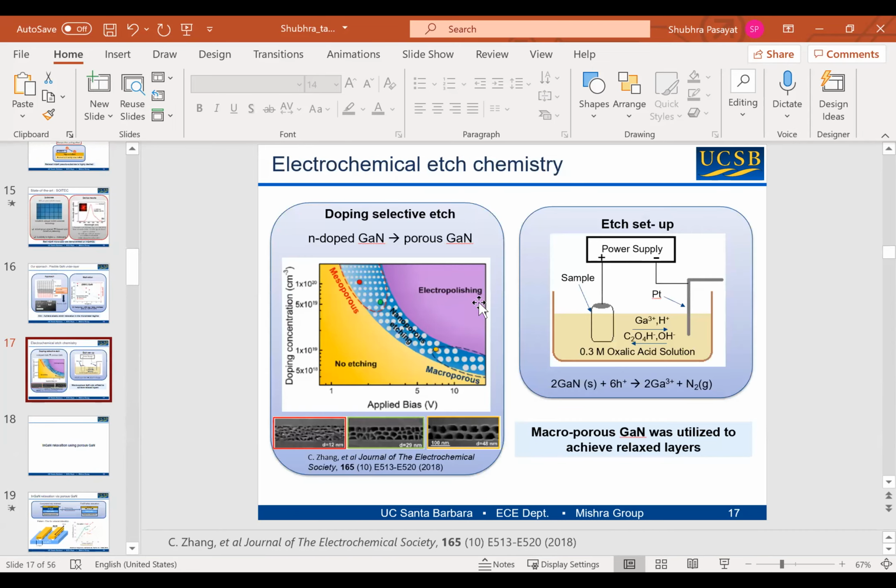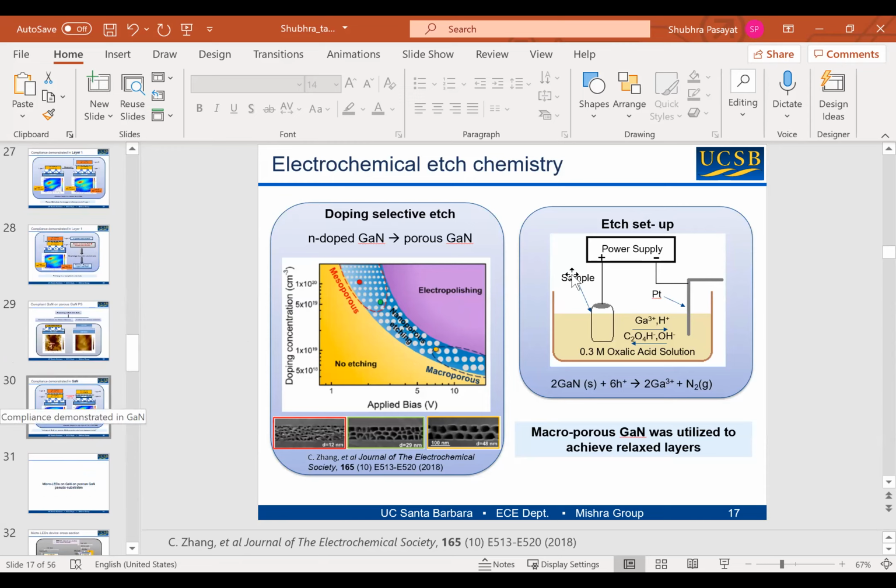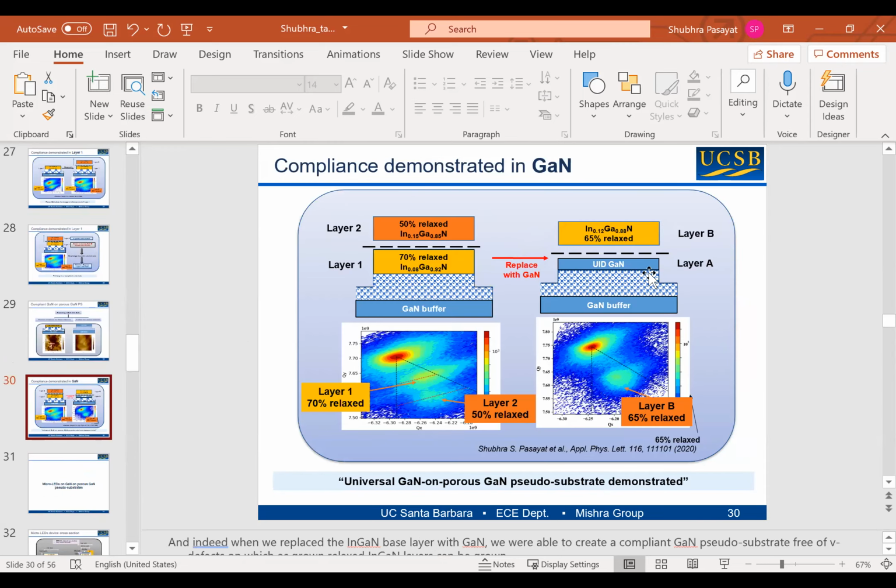You can actually just try during the electrochemical etch to remove the whole N plus layer so that you can just transfer it off to a carrier substrate from the get-go and grow on top of it. And polishing may also work. I'm not really an expert in that, but potentially you can achieve a very smooth surface by polishing and getting rid of all the interface roughness coming off of these substrate removal.